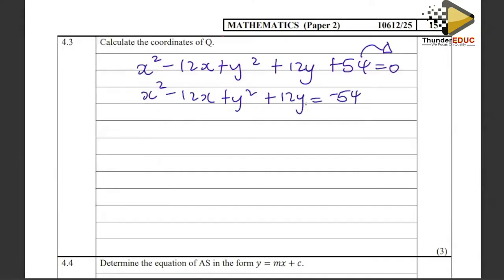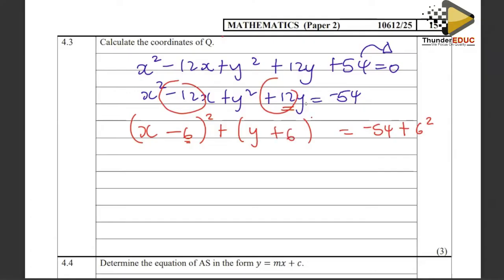So what I'm going to do, complete the squares. Open your bracket, that is x. A half of this is negative 6. So negative 54, I'm just going to add 6 squared, because I said a half of 6. And then open the bracket for y, this is y. A half of this is going to be a positive 6 squared, and then I'll add it that side.